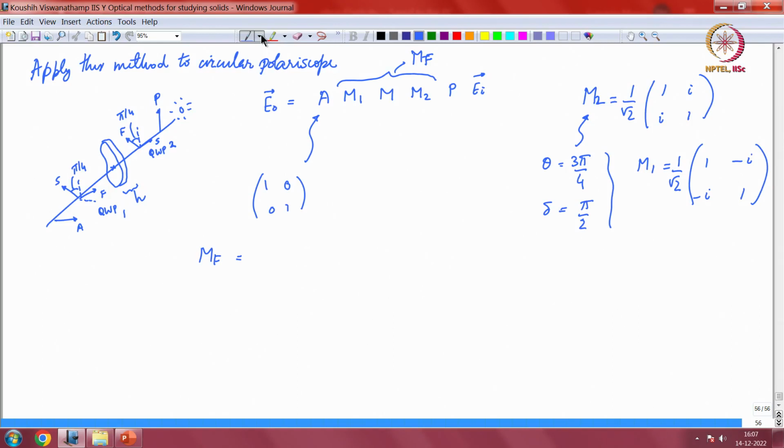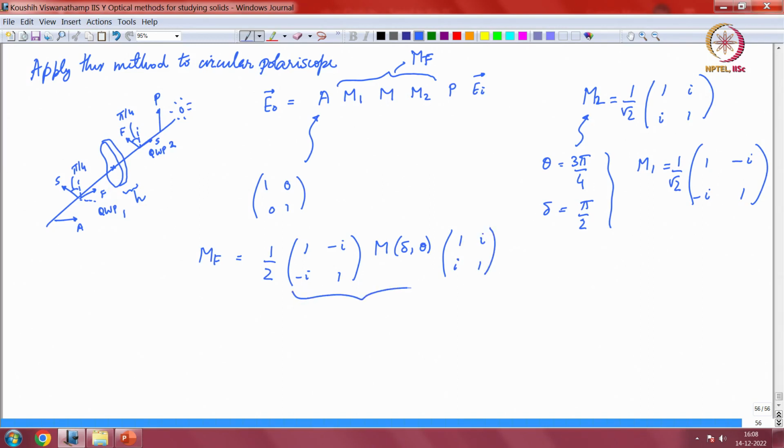So, this MF is basically going to have half times this M1, which is 1 minus I 1, times the M which had the delta and theta inside, cosine, sine, whatever, times 1 I 1. This is what your MF is going to look like.